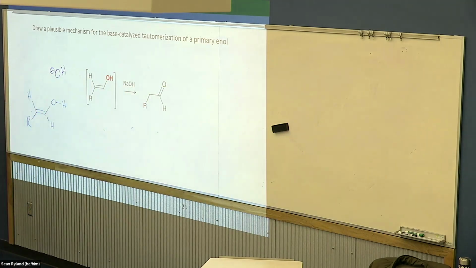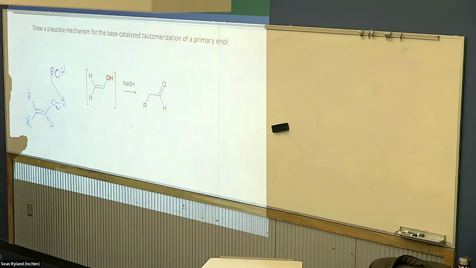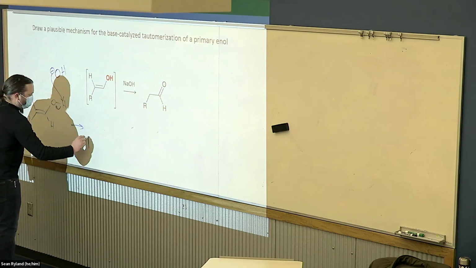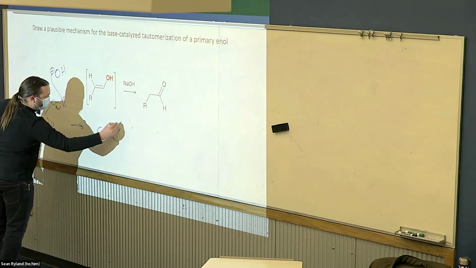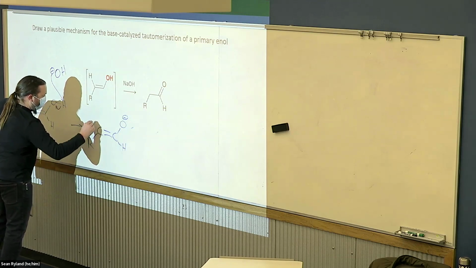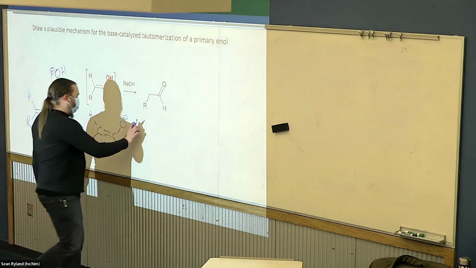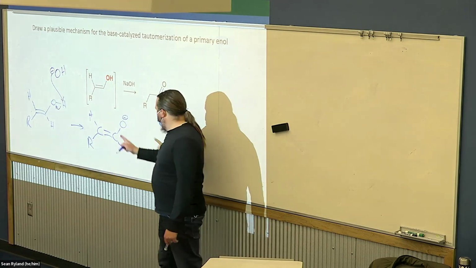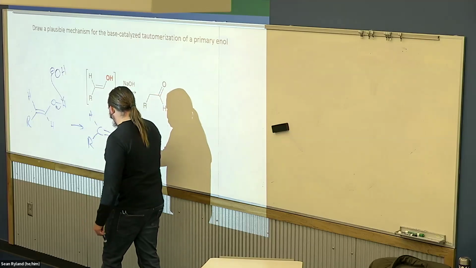What's the first step gonna be? Which is then naturally gonna have a resonance structure, where these extra electrons move down that way, but to do that, we have to make room by moving these electrons over.